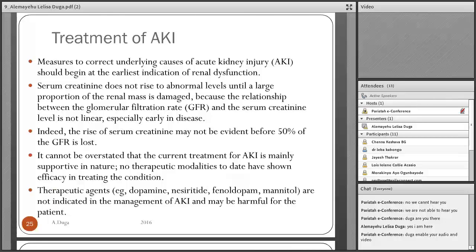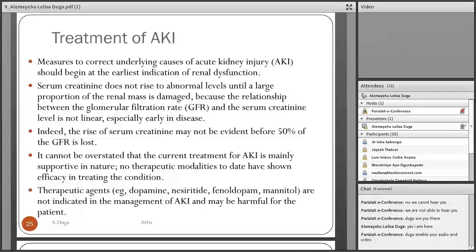So how do we treat AKI, or acute kidney injury? It should be correcting the underlying cause of acute kidney injury. This is usually if it is in its earliest stage. Serum creatinine does not rise to an abnormal level until a large proportion of renal mass is damaged, because of the indirect relationship of glomerular filtration and serum creatinine, because they are not linear. The rise in serum creatinine may not be evident before 50% loss of glomerular filtration rate.